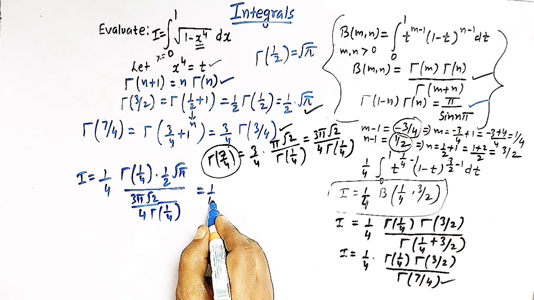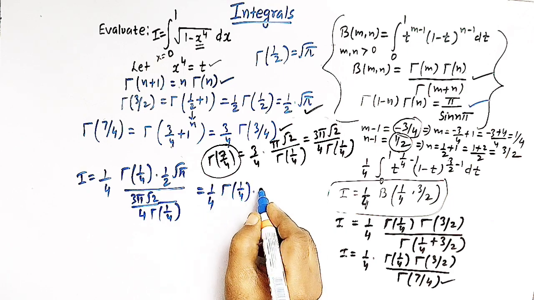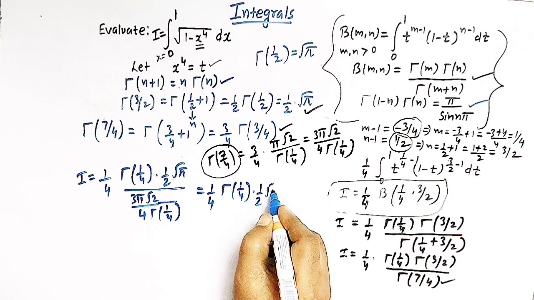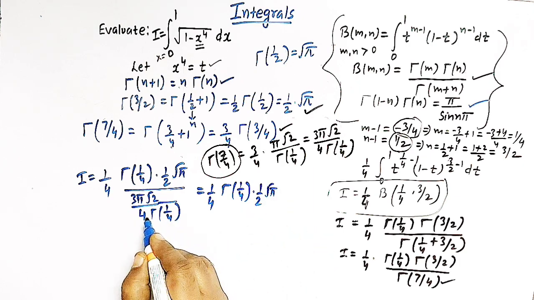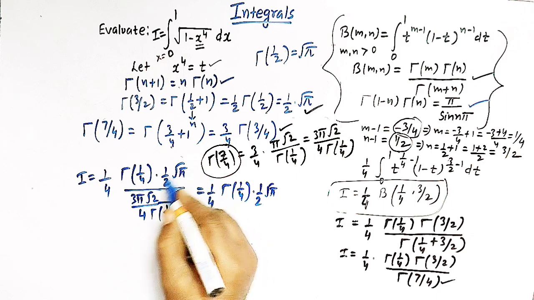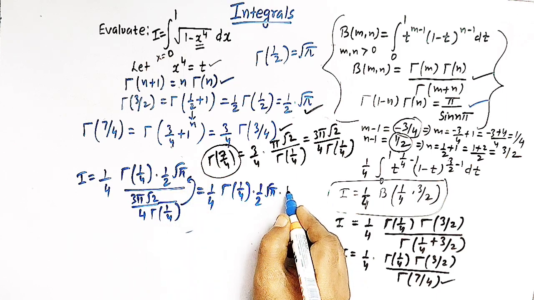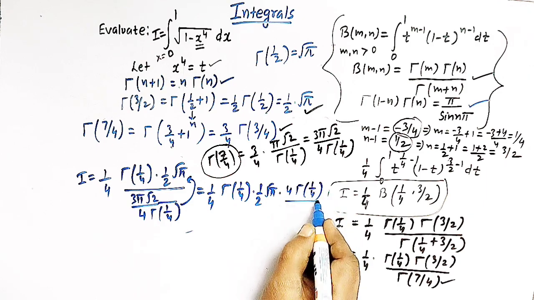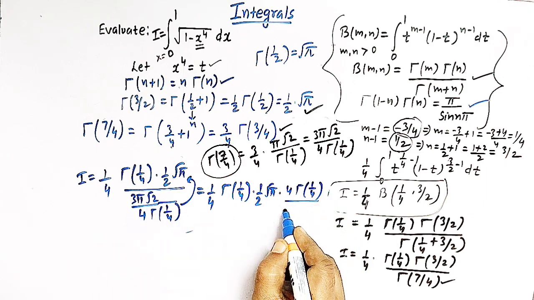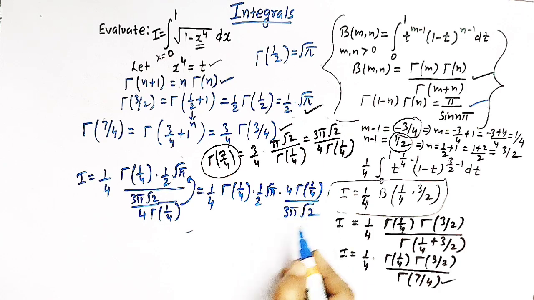So we have 1 over 4, then we have gamma 1 over 4, then we have half root pi, and taking 4 times gamma 1 over 4 to the numerator, that is we can now write 4 times gamma 1 over 4, and here we have in the denominator, that is 3 pi root 2.